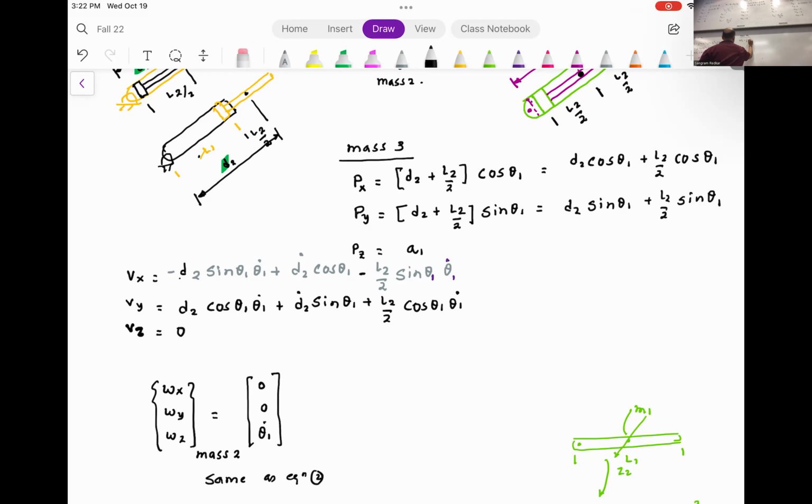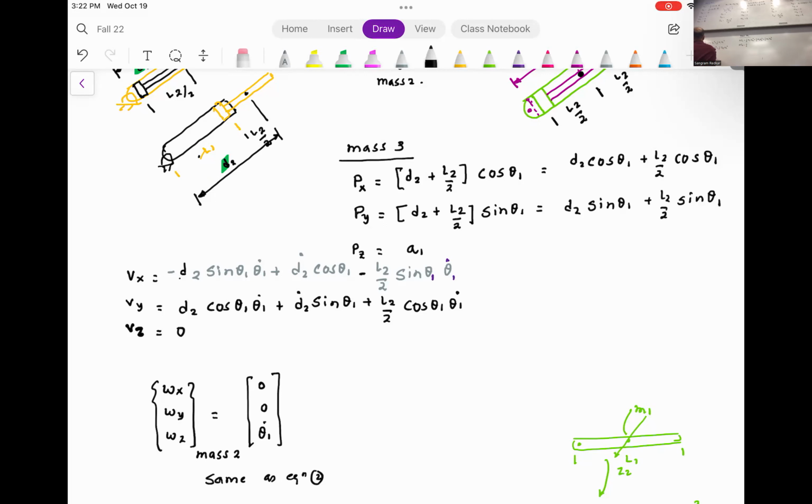I would strongly recommend that when you are working out the problem, at least for the first few times, please complete these steps. Y2 square plus 1/2 M2 Vz2 square. Kinetic energy of rotation is 1/2 Ixx1, Iyy1, Izz1.